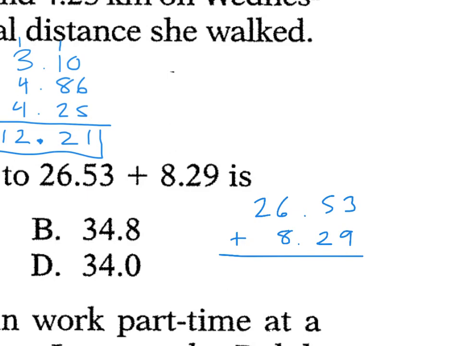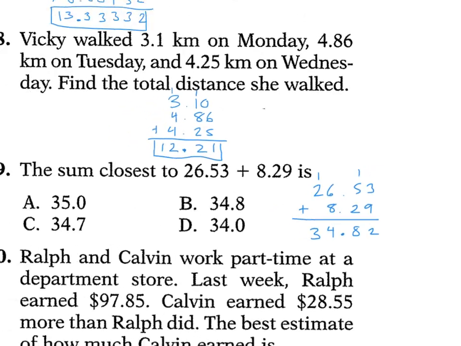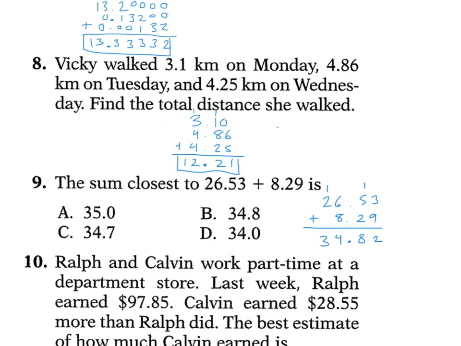So 3 plus 9 is 12. 1 plus 5 plus 2 is 8. Bring our decimal down. 6 plus 8 is 14. And 1 plus 2 is 3. So this answer would be closest to 34.8.